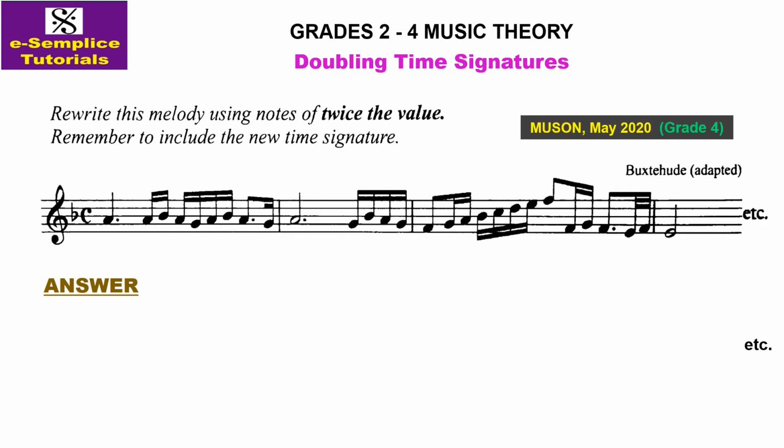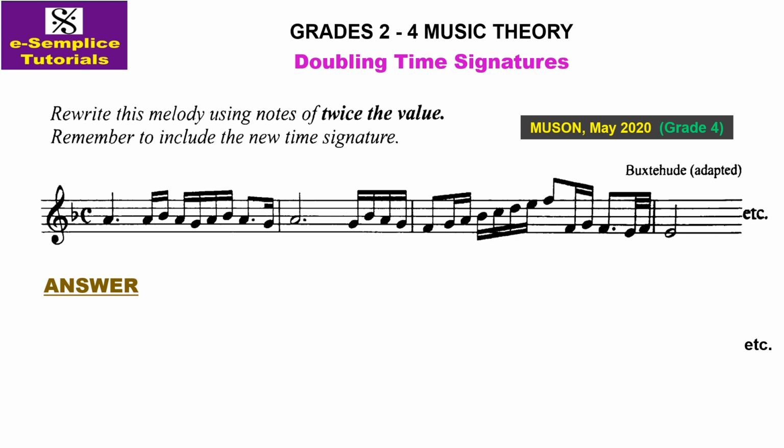This is another question, still from Muson examination, May 2020, and this is a grade 4 question. The question says, rewrite this melody using notes of twice the value. Remember to include the new time signature.